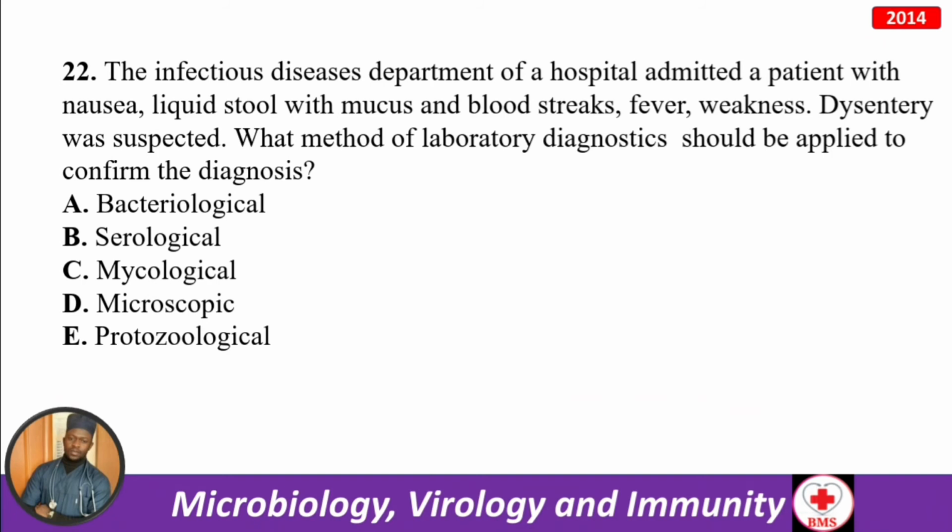What method of laboratory diagnostics should be applied to confirm this diagnosis? It is bacteriological. I said Shigella is never part of microflora. It's always pathogenic. And there are a lot of bacteria, so you need to select one from many. It's the bacteriological method.